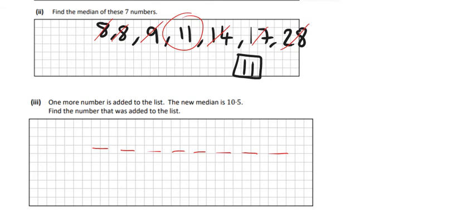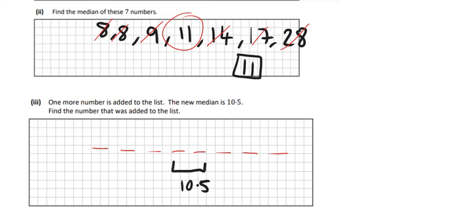Basically, the new median is 10.5. So if there's 8 numbers in the list, if you know your rules of working with the median, whenever there's an even amount of numbers, so whenever there's 8 numbers in the list, you'll have to take the middle two and add them together and divide by 2. So when we add those two together and divide by 2, we're going to get 10.5.